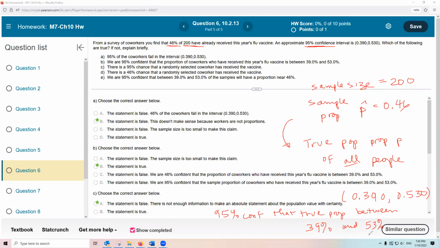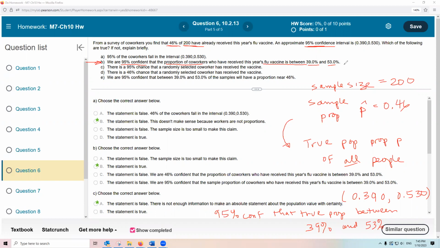Well, if you read over all of these statements, the only statement that matches our conclusion is statement B. So all the other statements are going to be false. Only statement B says we're 95% confident that the proportion of all coworkers who have received this flu vaccine is between the bounds of the confidence interval, 39% to 53%.